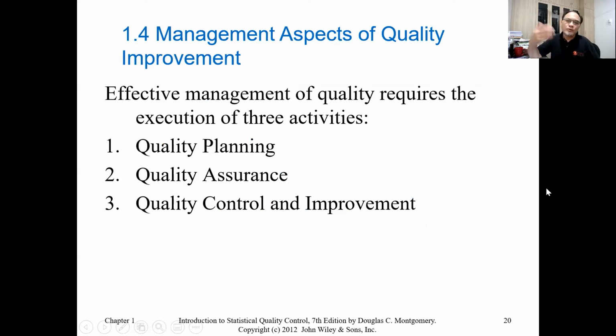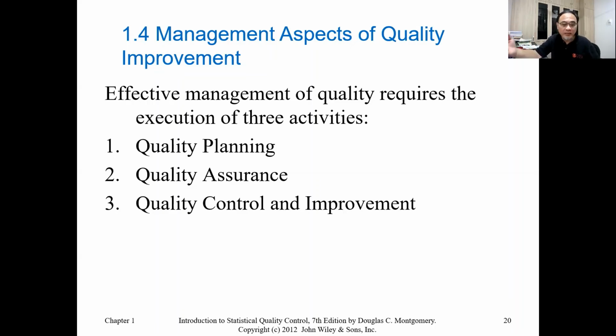Now, we move on to management aspects of quality improvement. There are a lot of technical things involved in trying to ascertain quality achievement. Technically, a lot of them: SPC, Statistical Process Control. We have other tools like FMEA, Failure Mode and Effects Analysis. We have QFD.